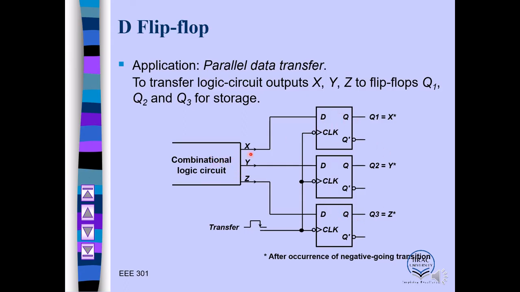You have X, Y, and Z here. X is transferred to the first D flip-flop, Y to the second, and Z to the third. These values can be stored in these flip-flops, and this is called parallel data transfer because we are transferring X, Y, and Z in parallel on the clock edge. But remember, this is the negative edge of the clock, due to this bubble.